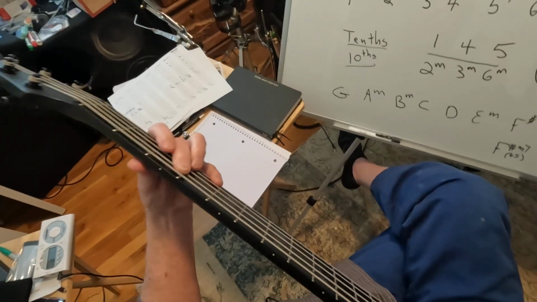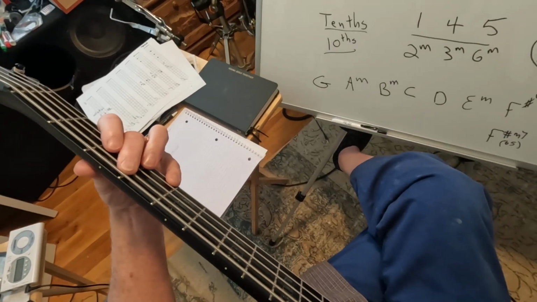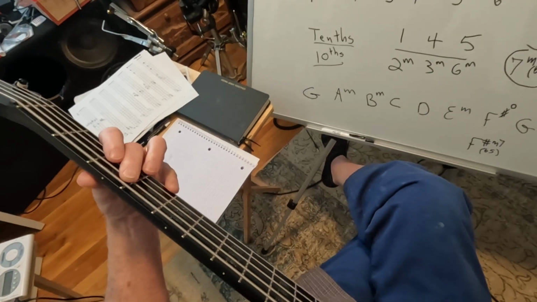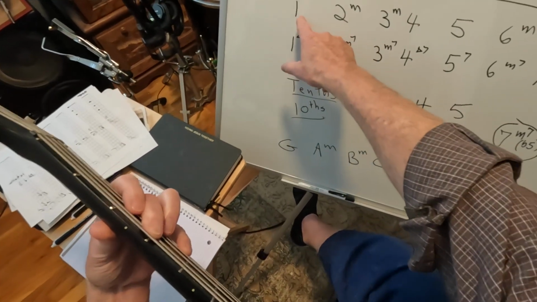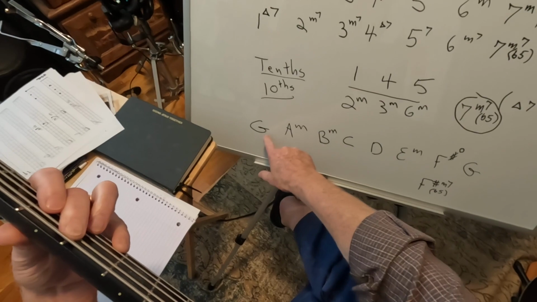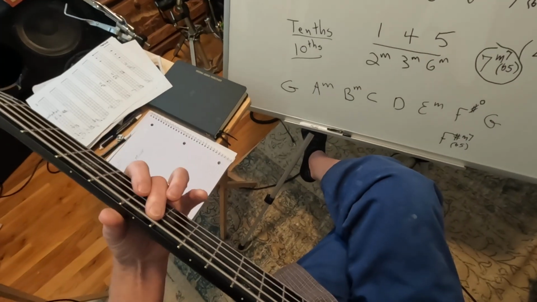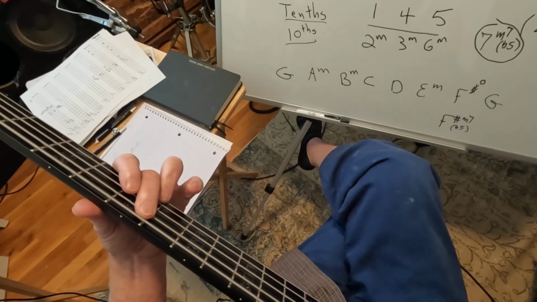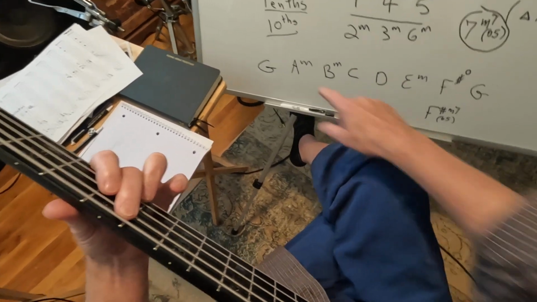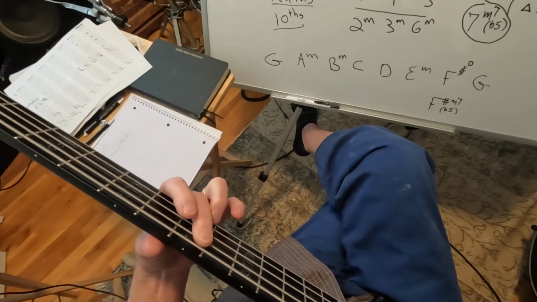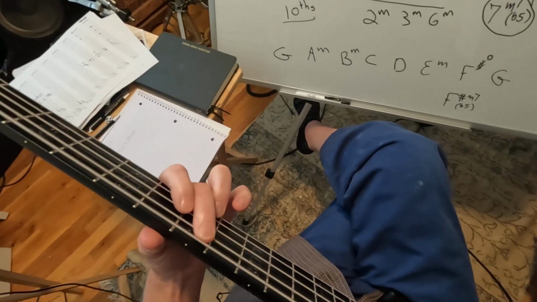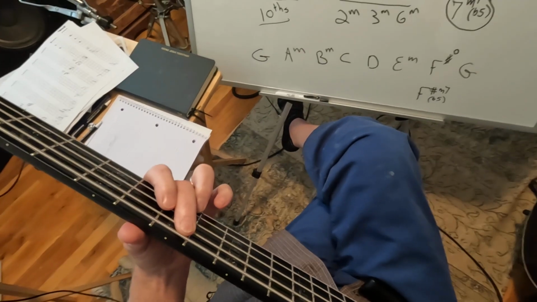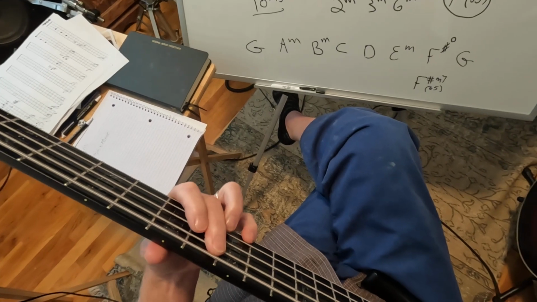So in the key of G, the 10th on G is a major. We've already discussed that. If you go up to the A, it's minor. Up to the 3rd chord, it's a B, it's minor. Up to the C, it's major.